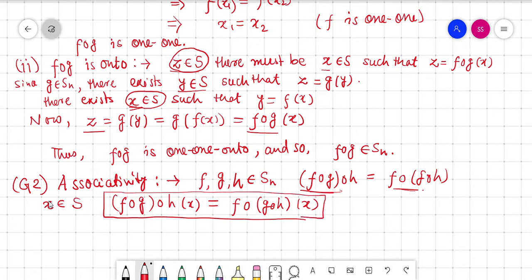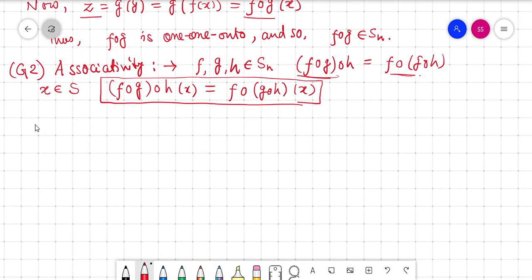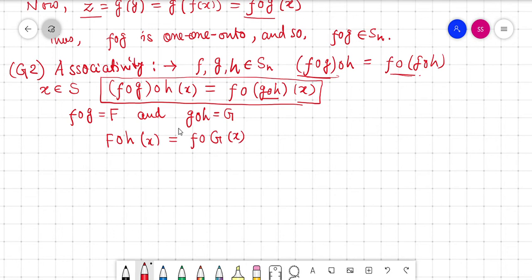So let us prove. Before starting the proof, for your convenience, I am supposing this F composition G as capital F and this G composition H as capital G. So what we have to show now is that capital F composition H of X is equal to F composition capital G of X. So let us go.